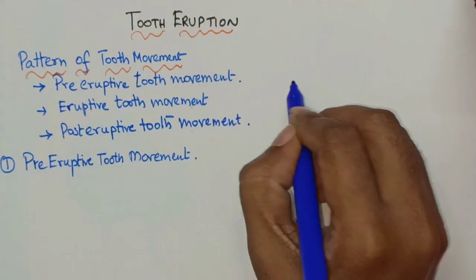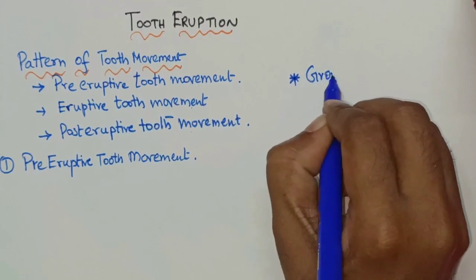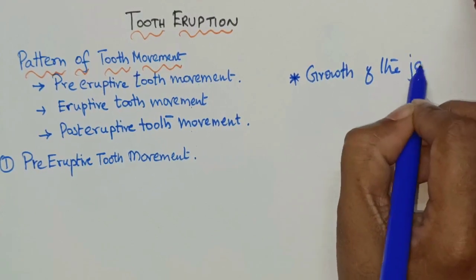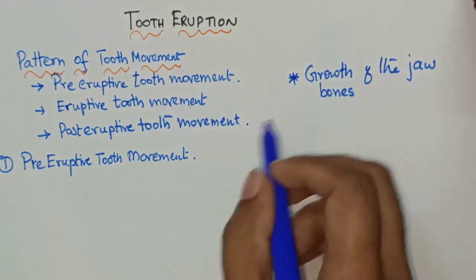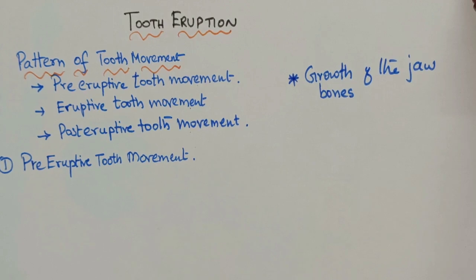The main thing we are concentrating on is the growth of the jaw bones. Both the maxillary and mandibular bone have to grow in order to accommodate the newly erupting tooth.